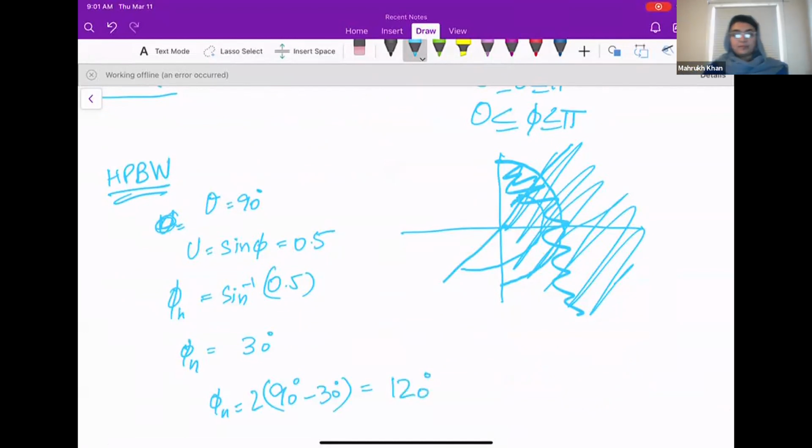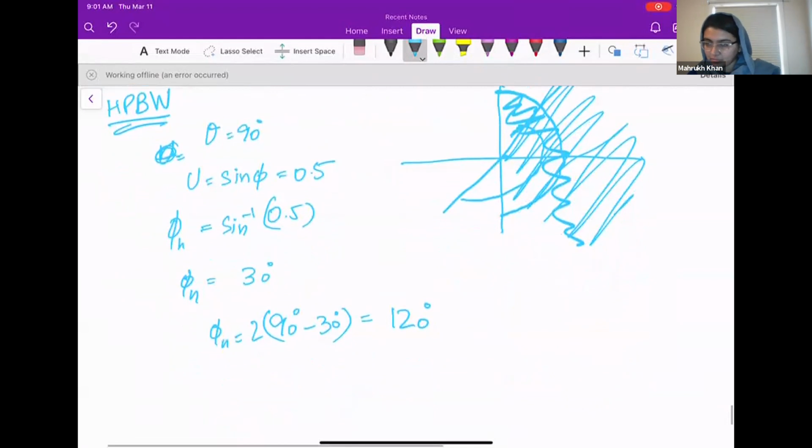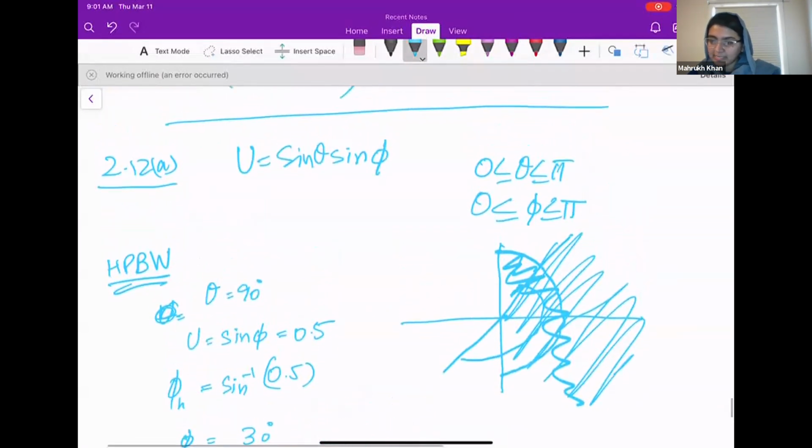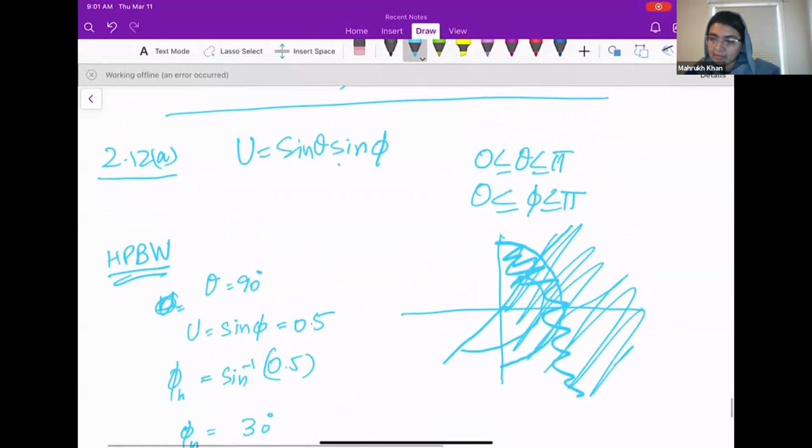So that is your azimuth half power beamwidth. But if you want to talk about elevation, again, you will see at which point this thing becomes 1.